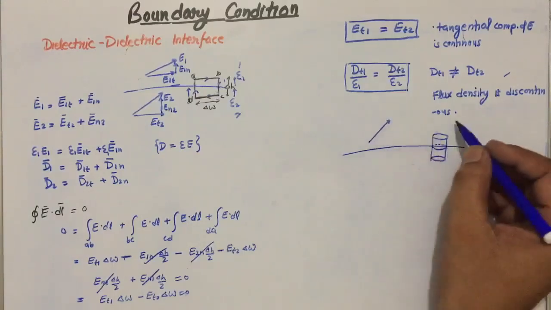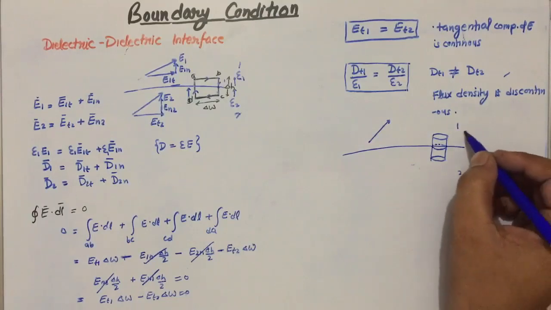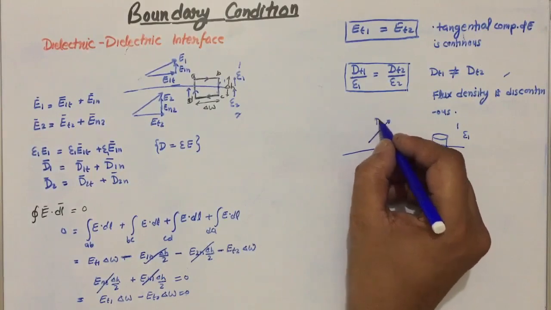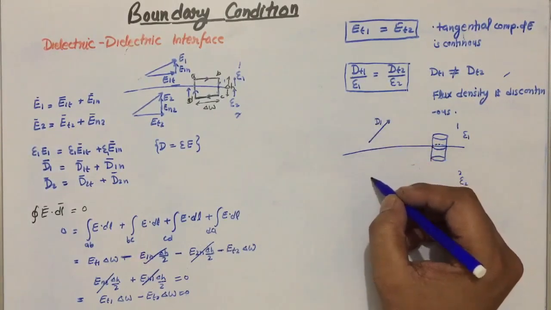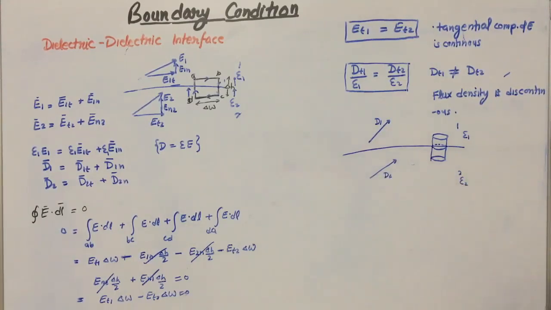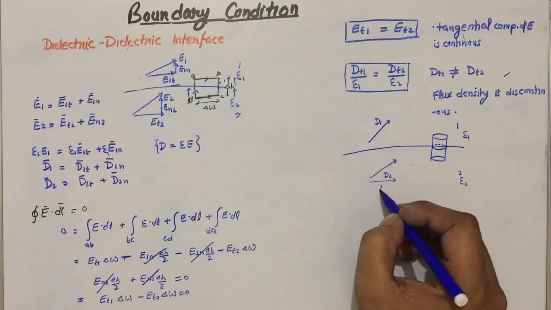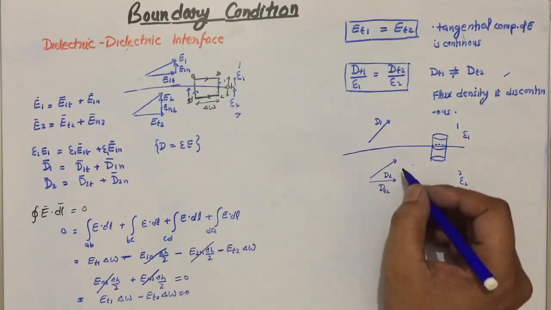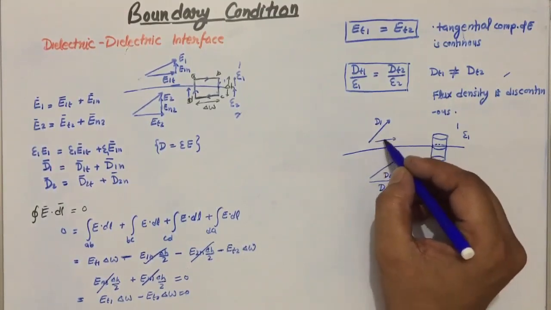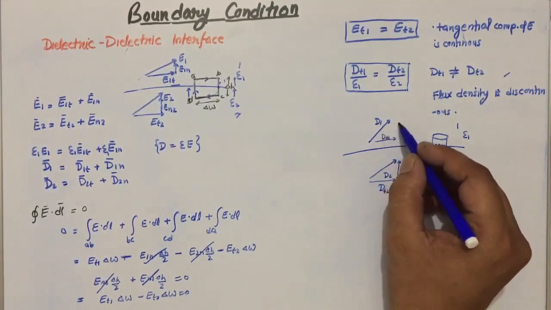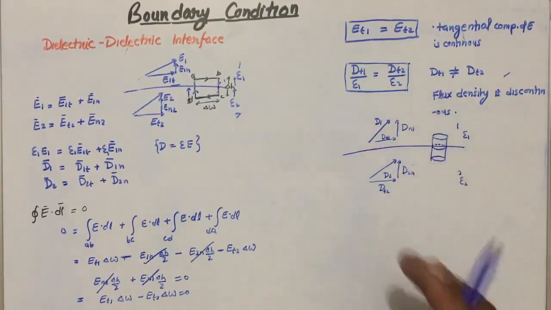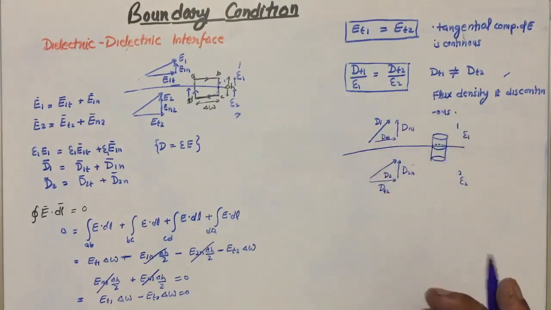We have medium 1, medium 2, permittivity 1, permittivity 2, and the electric flux densities D1 and D2, with components D T2, D2N, DT1, DN1.